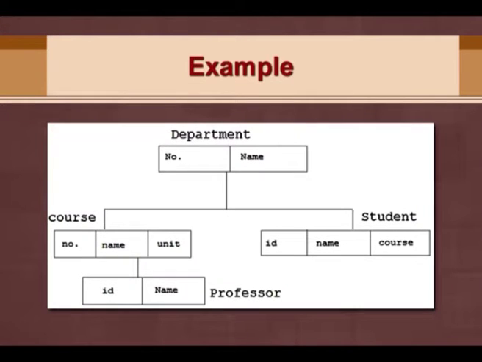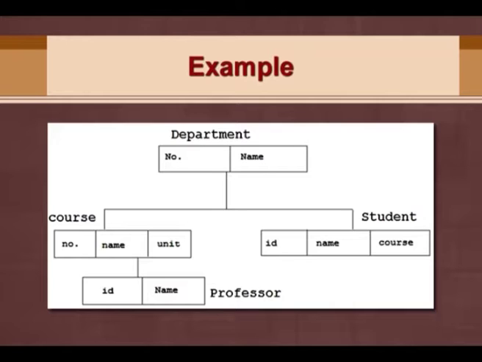Let us see an example. There is a department, and this particular department we have identified as a parent in the hierarchical model, and then you have a course and then student, and these are record types, and then at level 2 you have a professor.